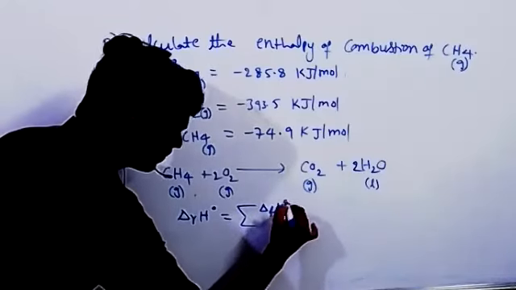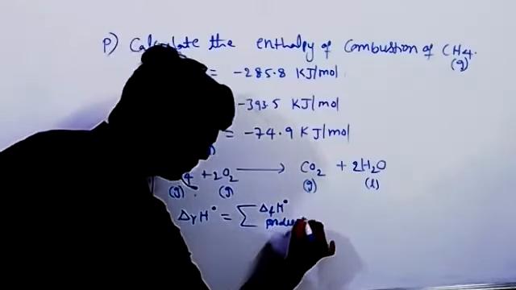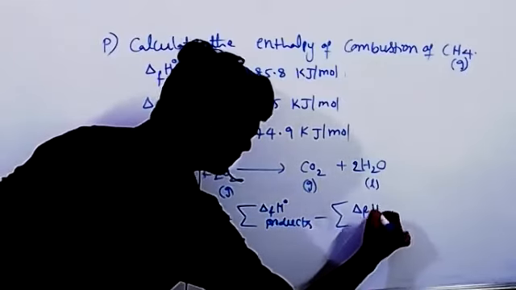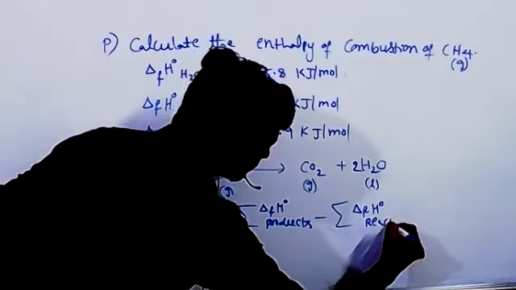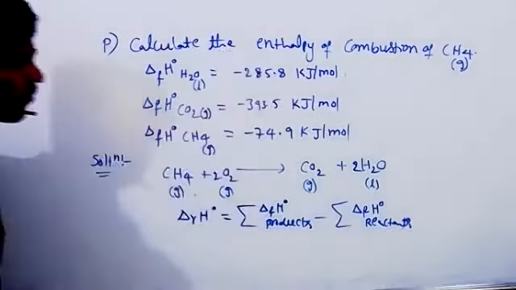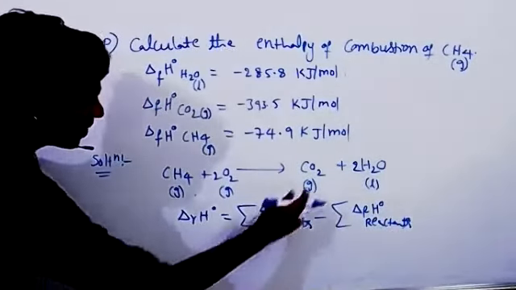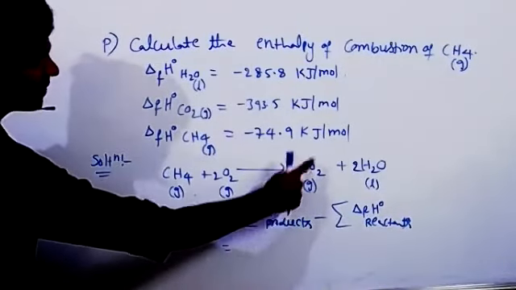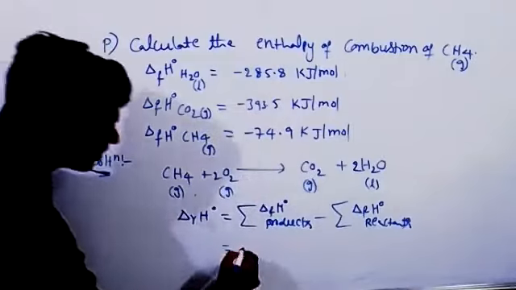The enthalpy of reaction is the summation of enthalpy of formation of products minus the summation of enthalpy of formation of reactants. Products are carbon dioxide and water. The enthalpy of formation of carbon dioxide is minus 393.5.